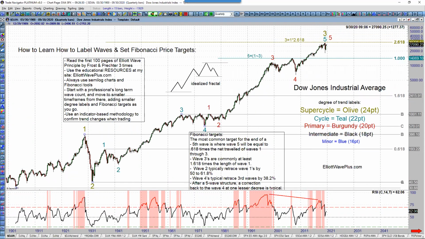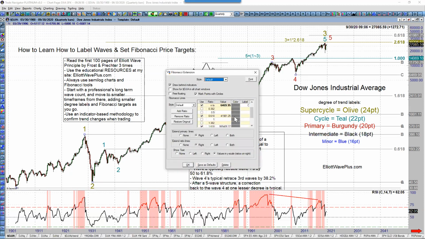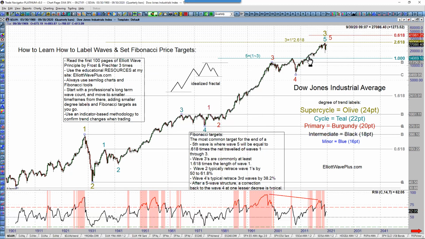A teal target, that would be a cycle degree target, and a very large degree supercycle target, and I'm going to establish one more target up from this low here. And actually, I'm going to do that this way. I'm going to look for a burgundy or primary degree wave 5 target. And that would be where burgundy wave 5 would be 0.618 times the net travel of burgundy 1 through 3.